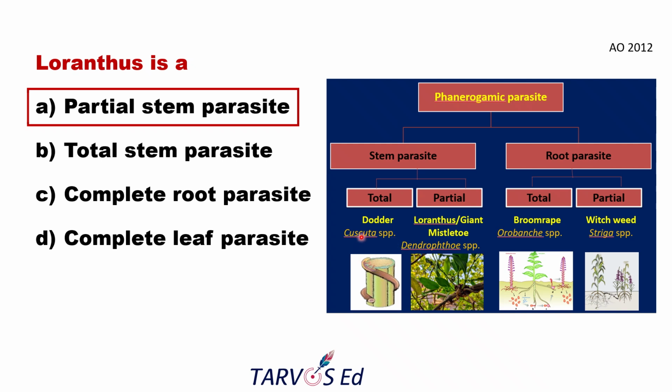So each of the parasites along with its scientific name and its host, you must be much aware, then only you can give the correct answer. So Loranthus here is a partial stem parasite. Why? Because it contains a few leaves on its own. Loranthus will be having some leaves, so it will derive some of its nutrients on its own, and it will absorb a few more nutrients from its host. Okay, so that's why it is called partial stem parasite.